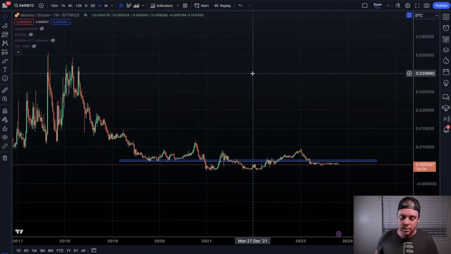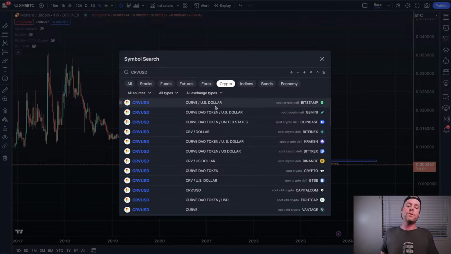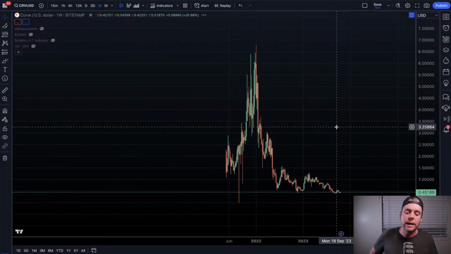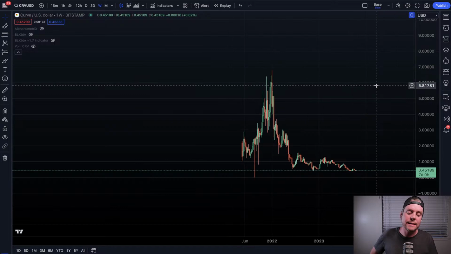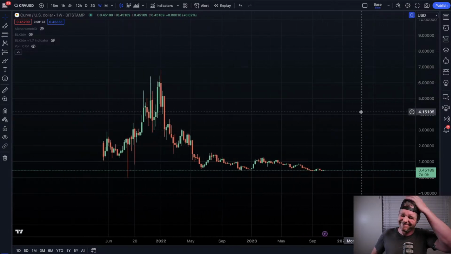Okay, so we'll take a look at CRV. I think the problem with Curve is that Ethereum DeFi's stablecoins are such a question, right? Like, where do we get clarity on stablecoins? Who's going to regulate stablecoins? Who's going to be allowed to regulate stablecoins?